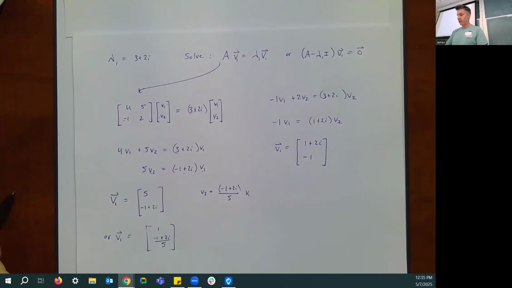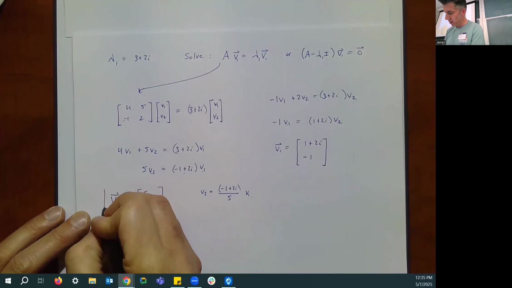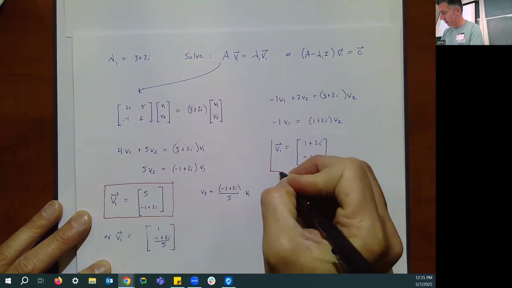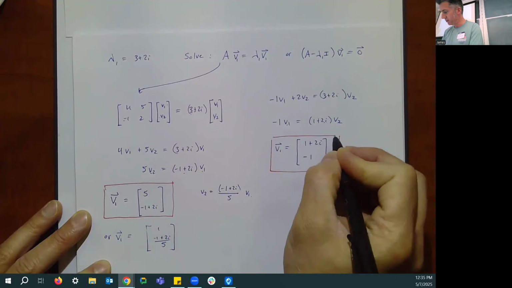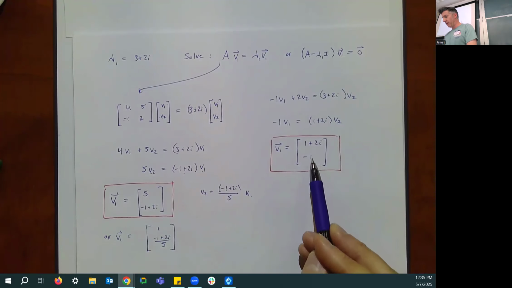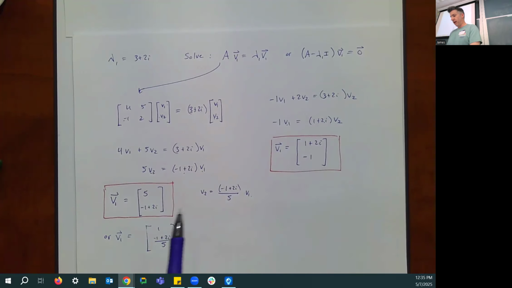So this begs the question, are these different looking eigenvectors multiples of each other? Good question. Well, the easiest way to figure that out is to say, what do I need to multiply this negative 1 by to get negative 1 plus 2i? Well, I need to multiply it by 1 minus 2i.